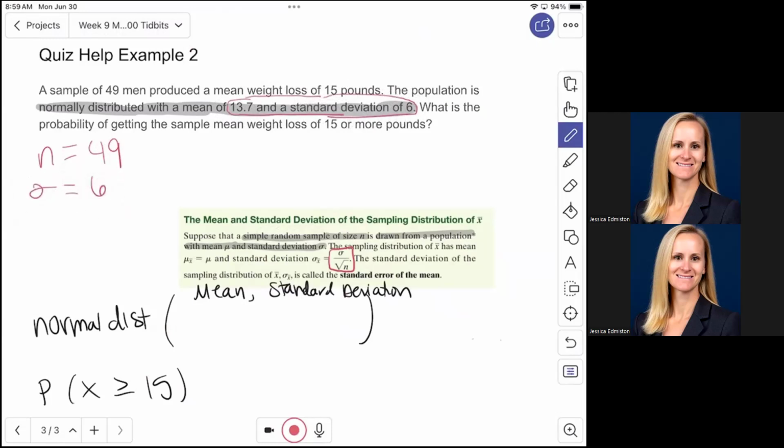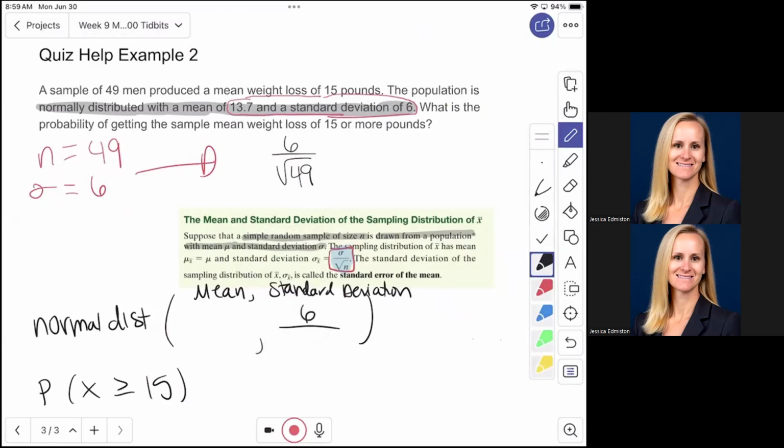And so when we use this formula here, we're going to have 6 over the square root of 49. I know that you can actually calculate that number, but to be dramatic, I want to remind you that it's going to go right here. We're using this formula. And then our mean is given, it's 13.7. So you can see this is a little more direct.